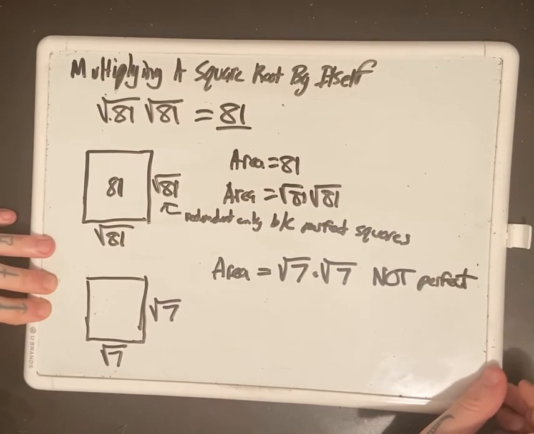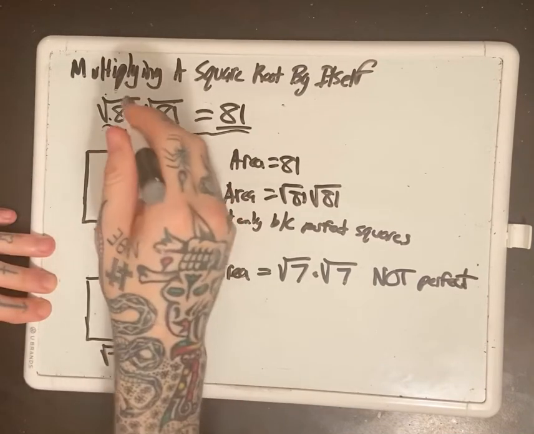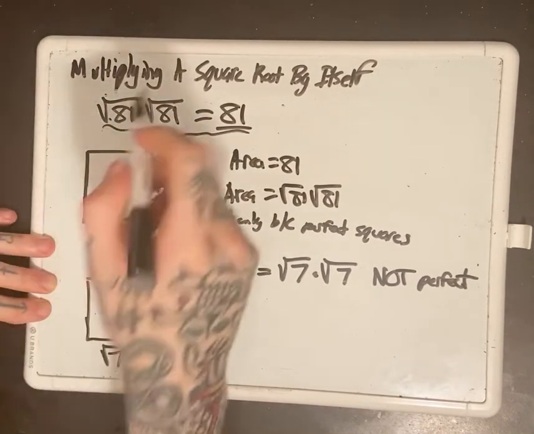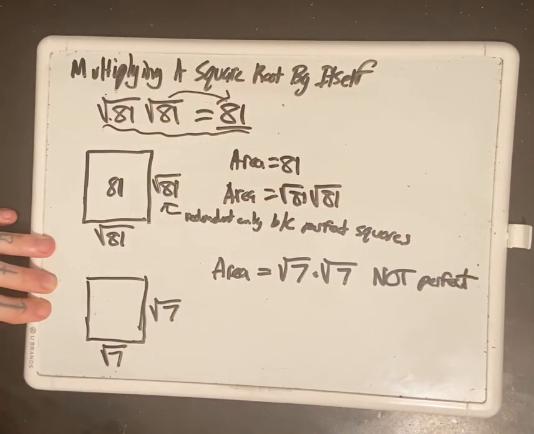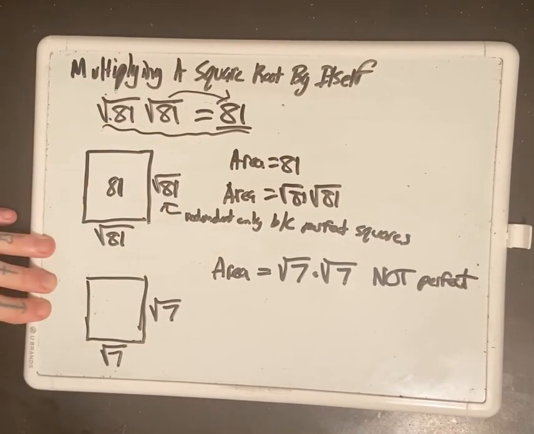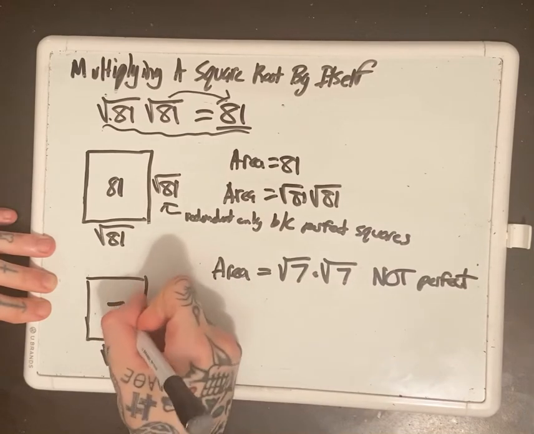But the pattern we saw earlier, we know that if they're both the same number, we can just trust that the result will be that number, even if these numbers aren't perfect. So the square root of 7 times the square root of 7 is 7.